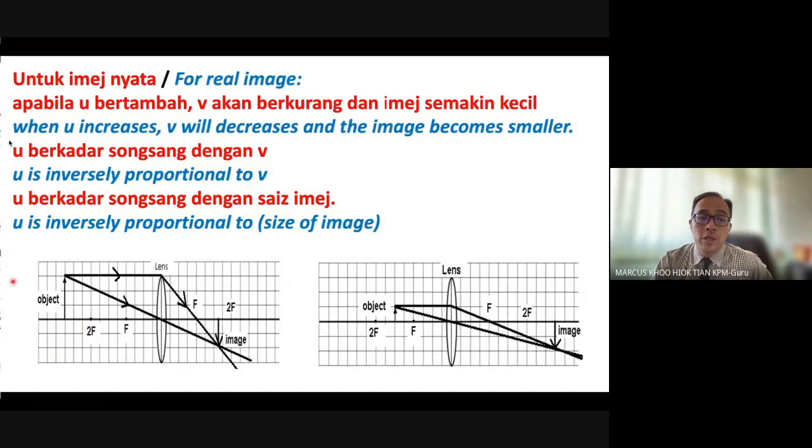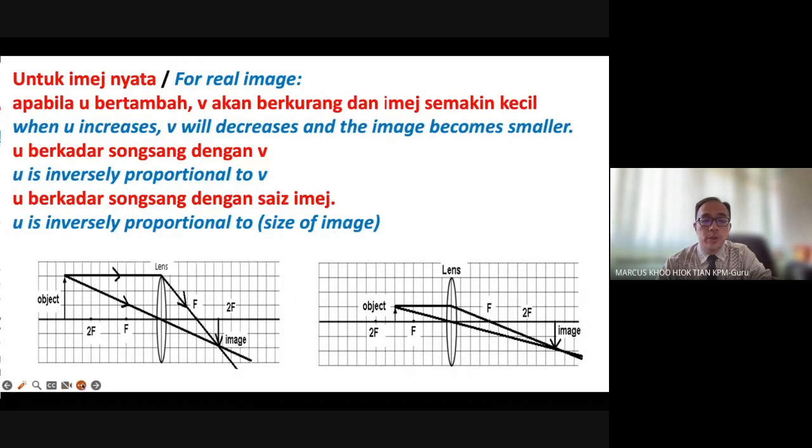In short, u is inversely proportional to v. The object distance is inversely proportional to the image distance, and also inversely proportional to the size of the image. When you put the object nearer, the size of the image gets bigger. I guess you can copy this down in any empty space that you have, because after this, we're going to do the calculation questions.